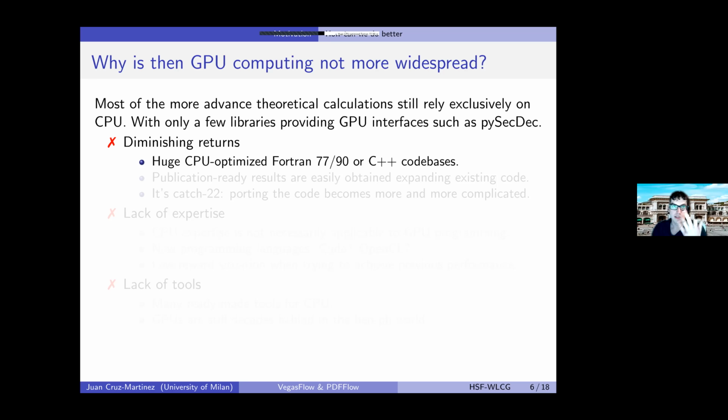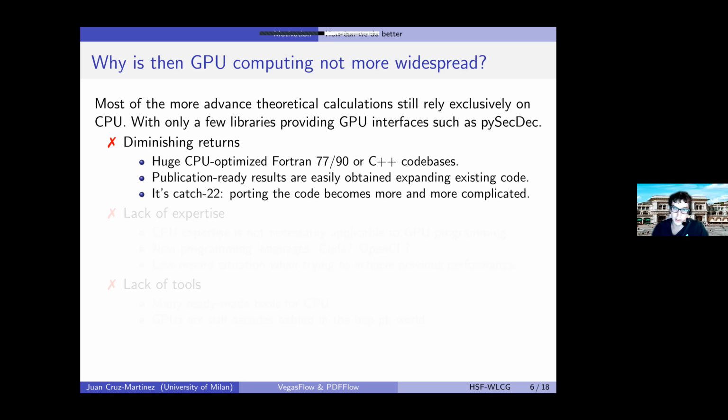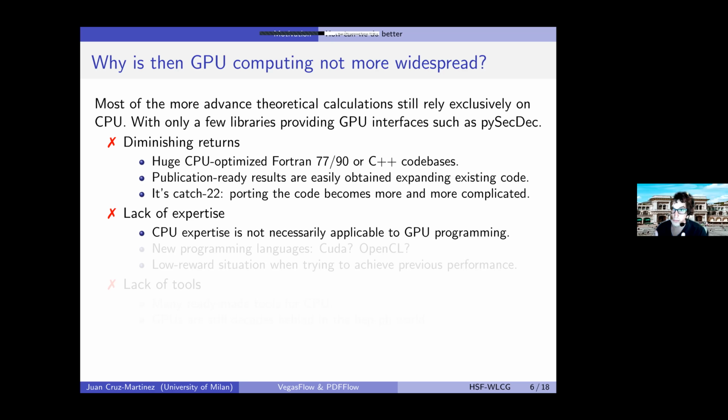And then as a student, you are tasked with writing a new code for some new process, some exotic process, some higher order calculation. Then it's much easier, after you spend a few years writing the matrix elements, to expand the code that you already have, which means that for the next student, it becomes even more difficult because the code has grown. This brings a lack of expertise in the field, because everyone is used to doing these things on CPU, in Fortran.